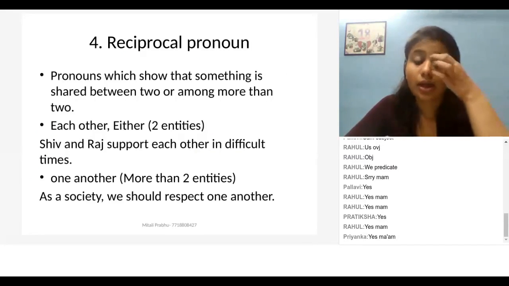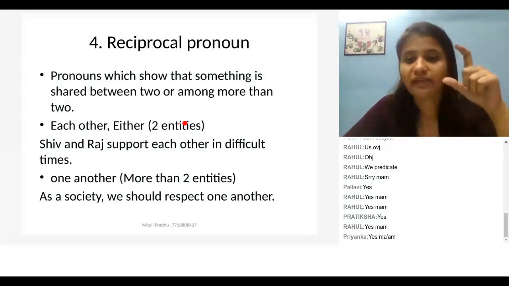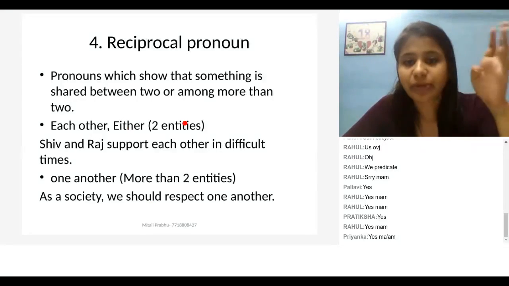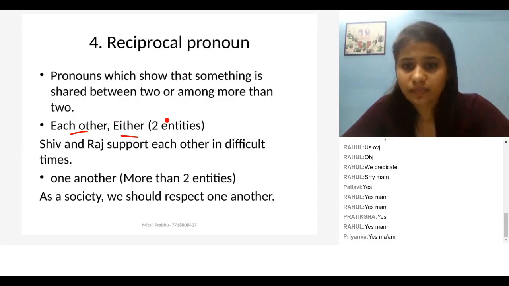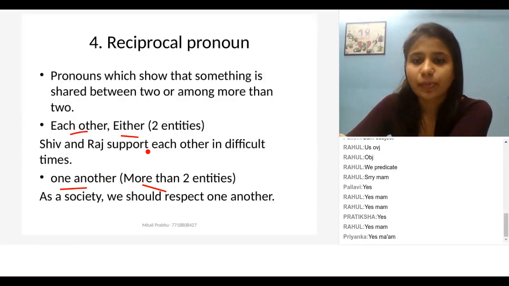Okay. Now reciprocal pronouns. Now these pronouns will show that something is shared. Okay, whenever any activity is shared between two people, we call them reciprocal. Okay, so each other or either is used with two entities, and one another is used with more than two entities. Okay, so Shiv and Raj support each other in difficult times.